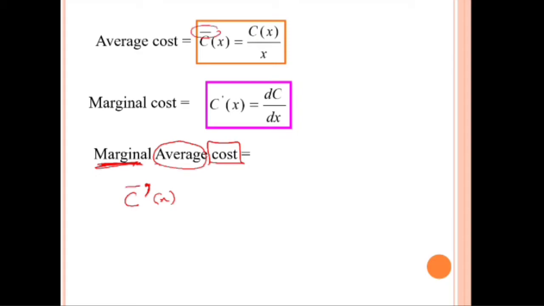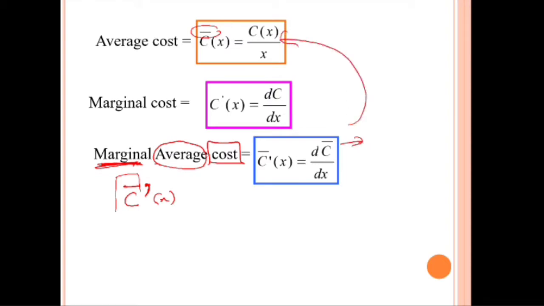So this is C bar prime. To find this C bar prime, we just differentiate that function C bar. C bar refers to the average cost function, so just differentiate this average cost function to find the marginal average cost.